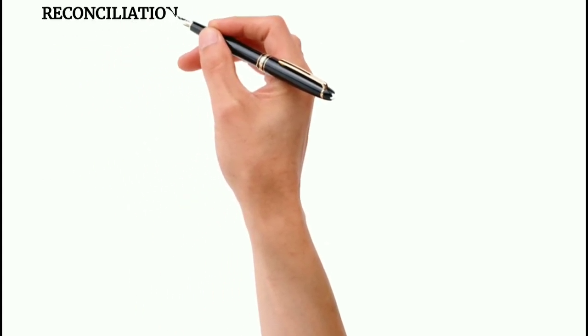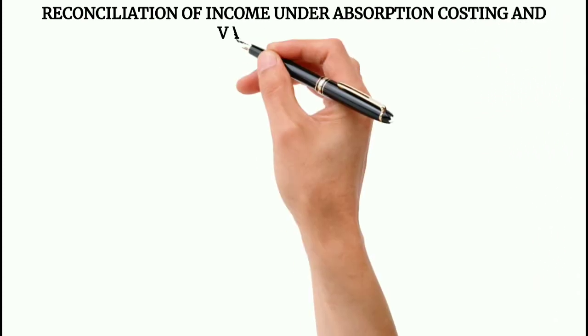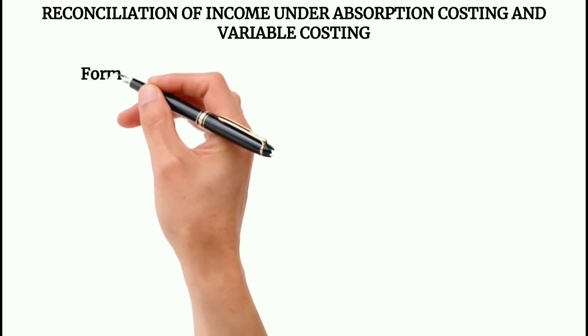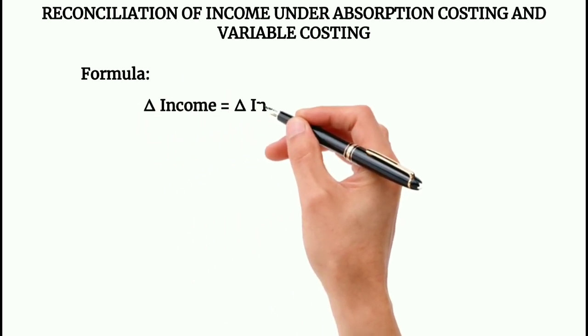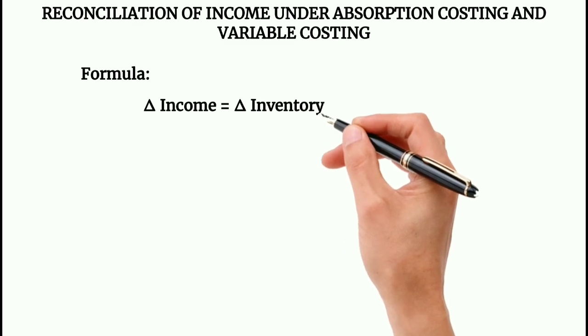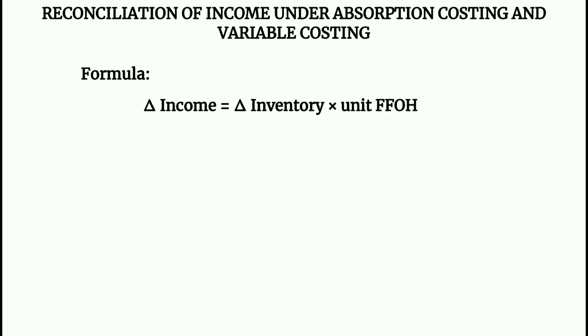Next, reconciliation of income under absorption costing and variable costing. In order for you to know the difference between the net income under absorption costing and the net income under variable costing, use the following formula. Change in income is equal to change in inventory times unit fixed factory overhead.